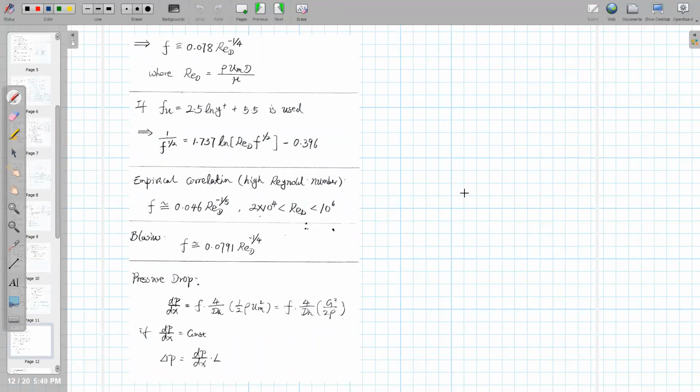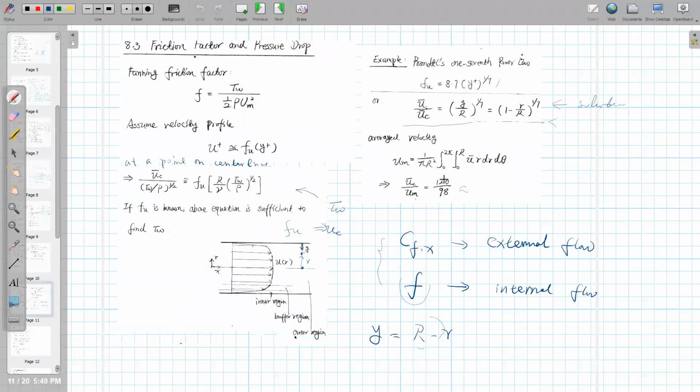And then we can calculate the friction factor, right? So the friction factor is calculated by simply bringing this in, changing this Uc to Um here. So you get the whole u profile.